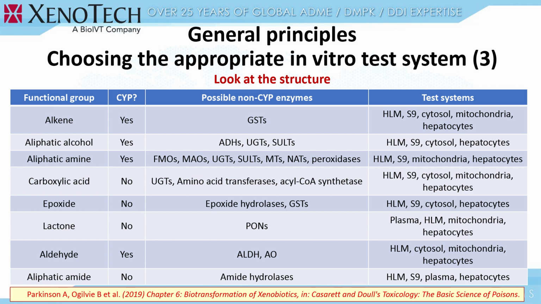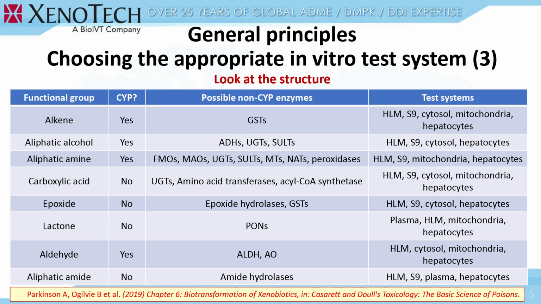Now, I'm not going to go through this whole table, but I'd like to point out that some of these functional groups, such as alkenes, aliphatic alcohols, and aliphatic amines, can all be metabolized by cytochrome P450 enzymes. However, they're mainly metabolized by other non-CYP enzymes, such as UGTs, SULTs, FMOs, etc.